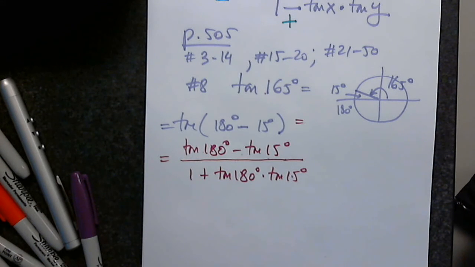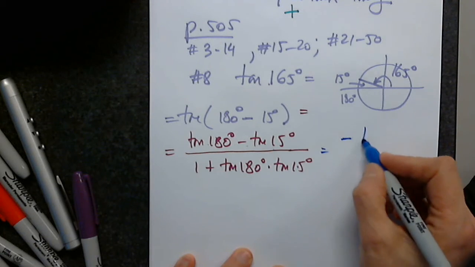Okay, tangent 180. And you can say, didn't you tell us not to remember tangent 180? And I would say yes. But now you have to remember tangent 180 is sine 180 over cosine 180. And then you will tell me what tangent 180 equals. How much is sine 180? Sine is measured on the y-axis. 0. So then 0 over negative 1 is 0.